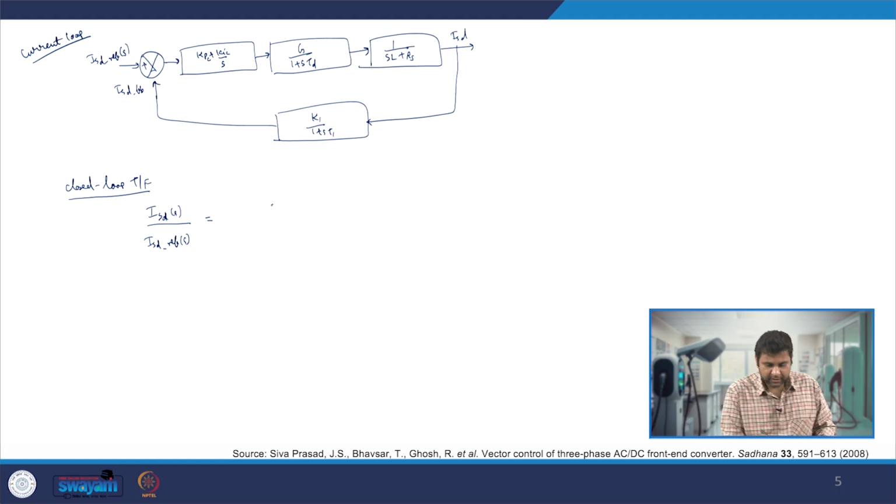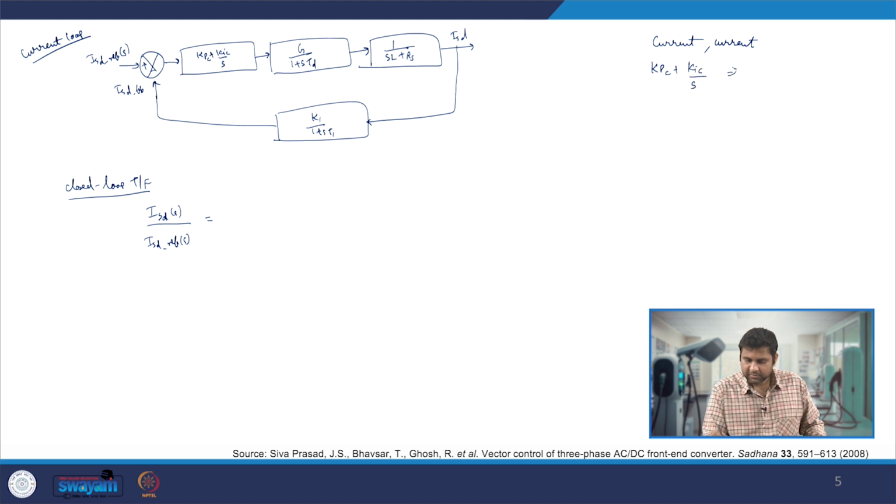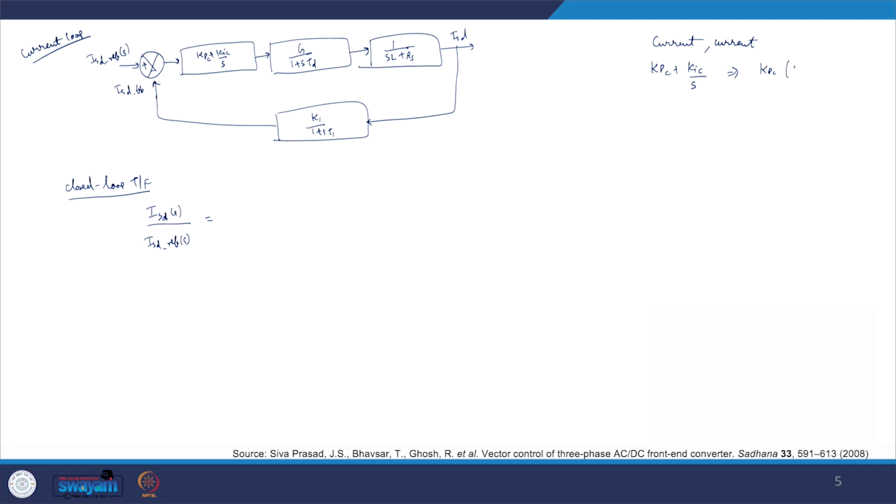Let us simplify the current controller. The current controller Kpc plus Kic by S we can write by taking Kpc out, as Kpc times S plus Kic by Kpc, divided by S. So this is your current controller.